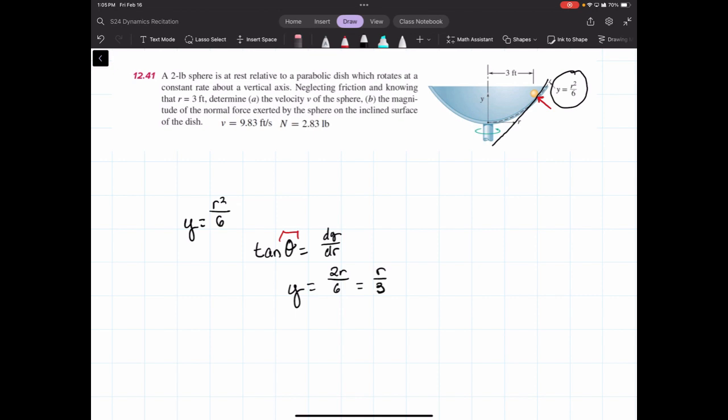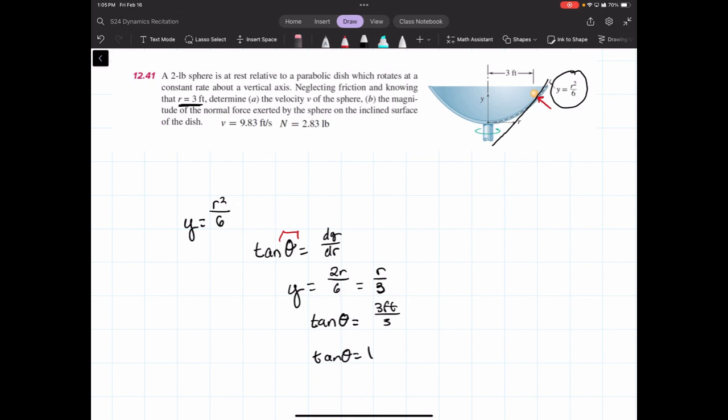And we know exactly what our r is at this point. We know that it's 3 feet. So we can go ahead and plug in 3 feet. So we have tangent of theta is equal to 3 feet over 3. And that gives us tan theta equals 1.